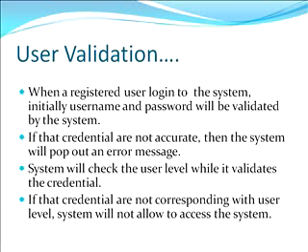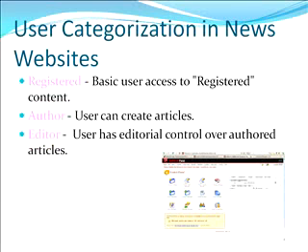If the username and password match, but those credentials do not match the corresponding user level, the system will not allow that user to access the system. This is the basic thing done in user validation.